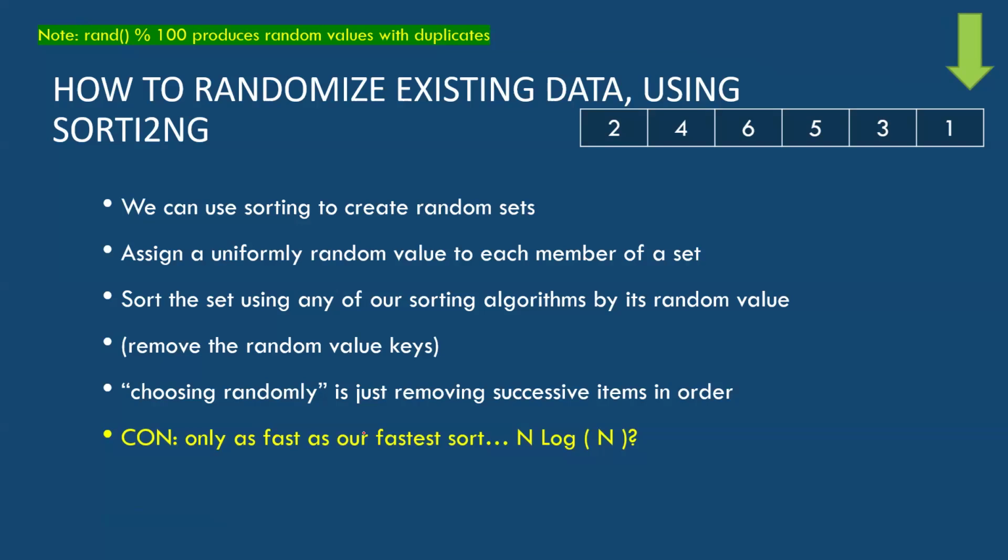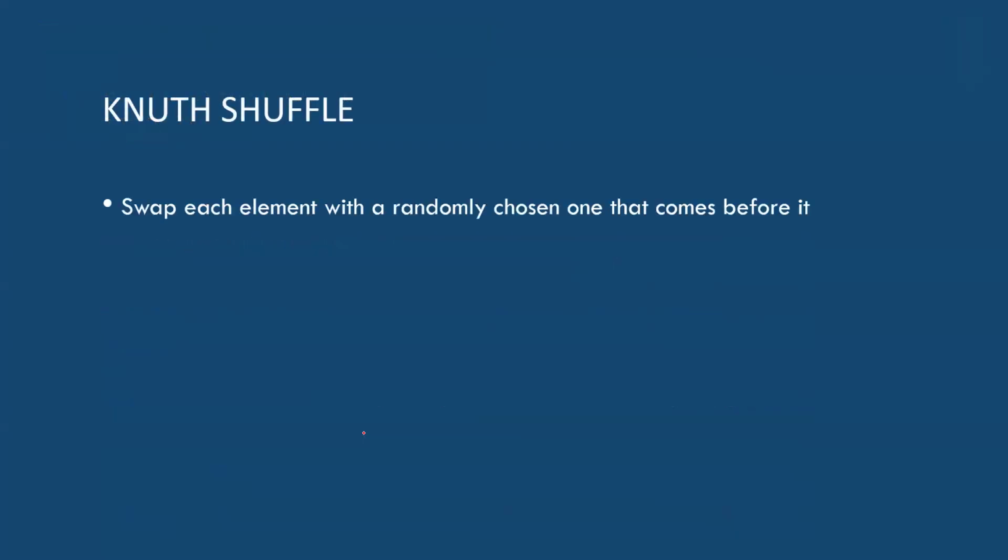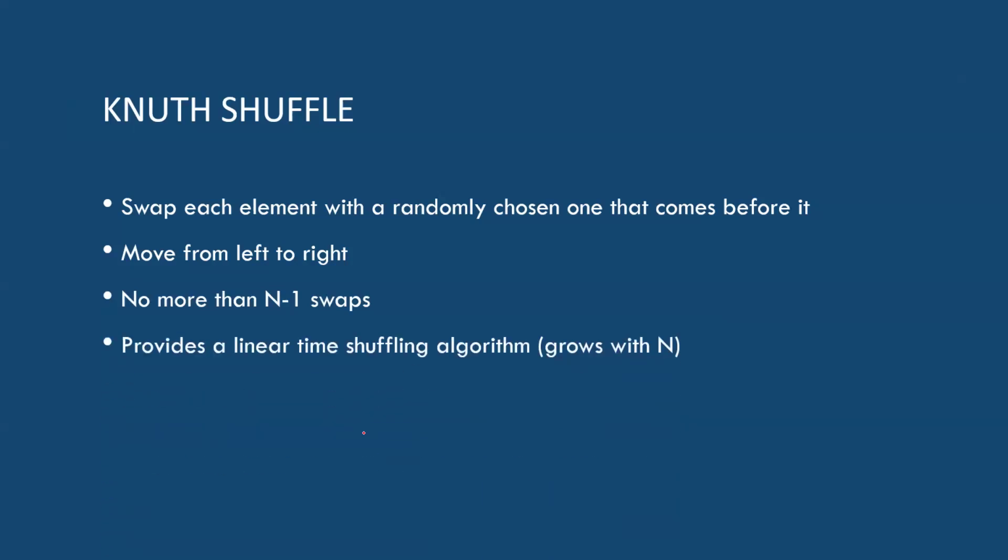N log n is great for sorting, but this is kind of a special case situation. So Knuth, one of the early researchers in this, just came up with a very simple approach. As we move from left to right, pick something at random from the left and swap with it, okay?